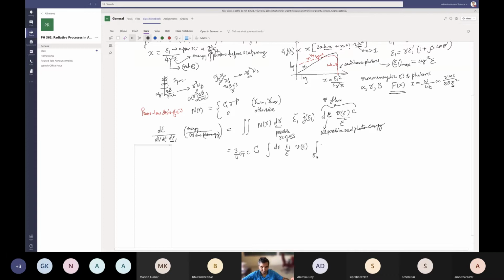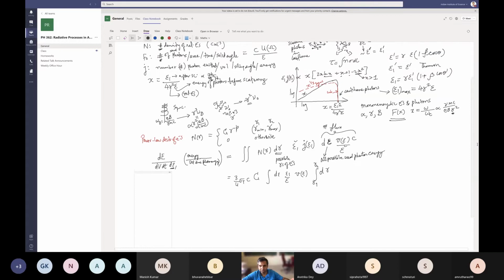times integral from gamma 1 to gamma 2, or this is gamma min, gamma max, times d gamma.